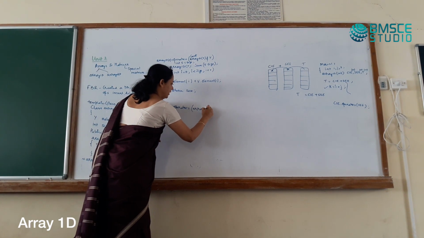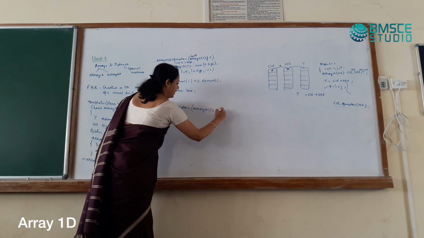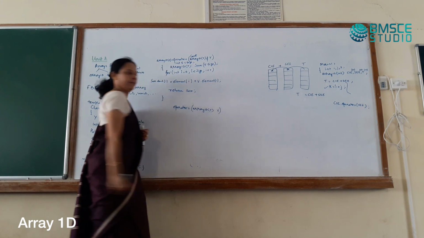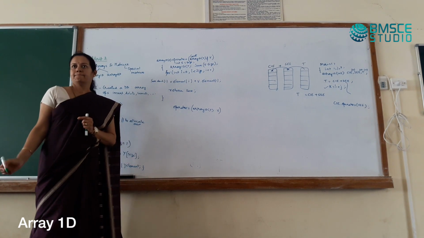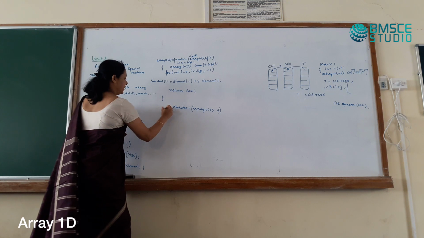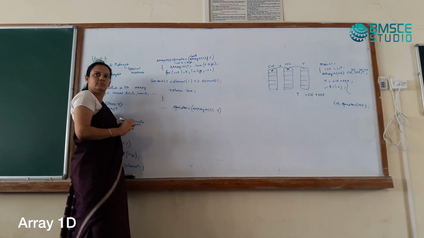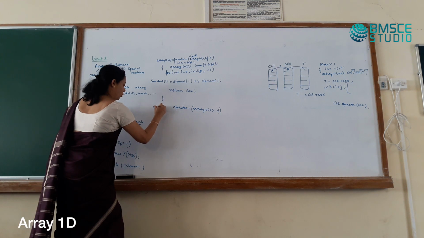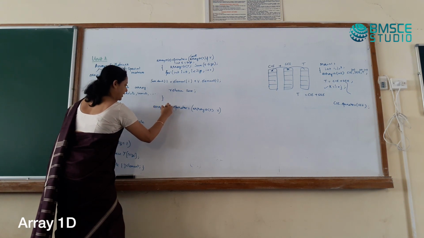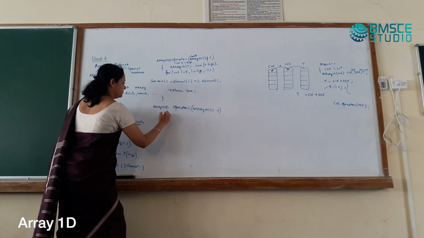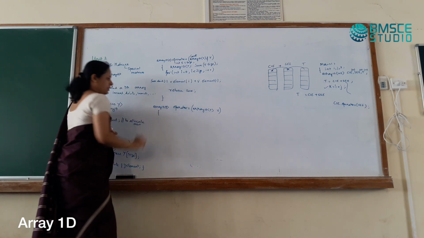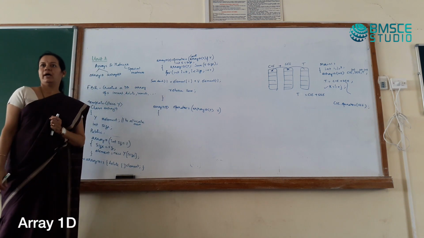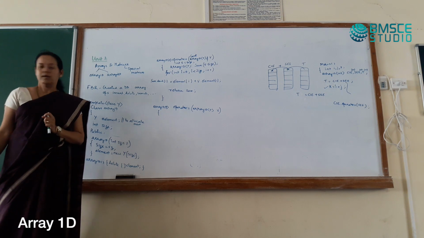So it's Array 1D, y and a v. I'll take it in v. What should be the return type? Same Array 1D. Shall we write void or shall we write Array 1D, y? Void? Why void? No void unnecessarily. Okay.